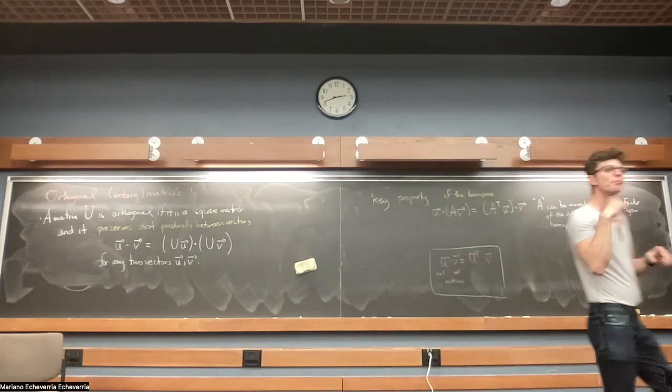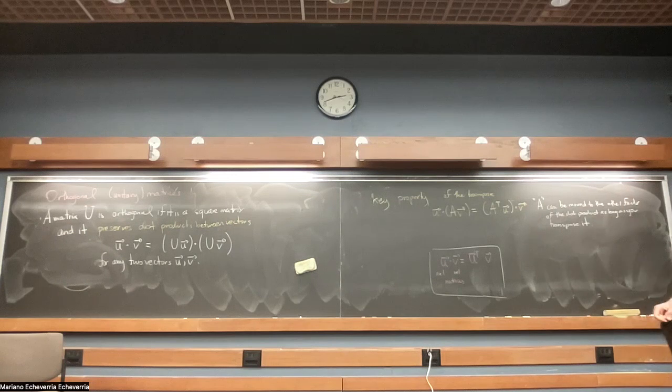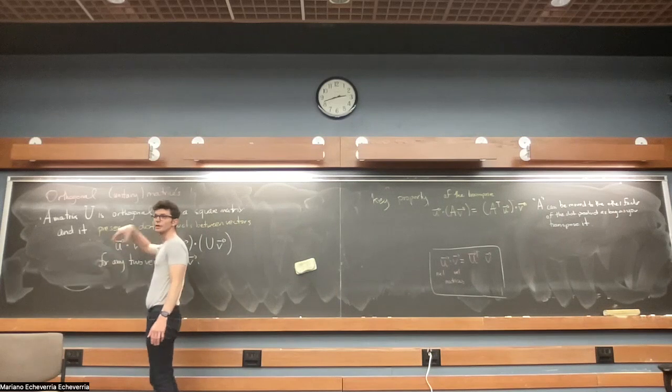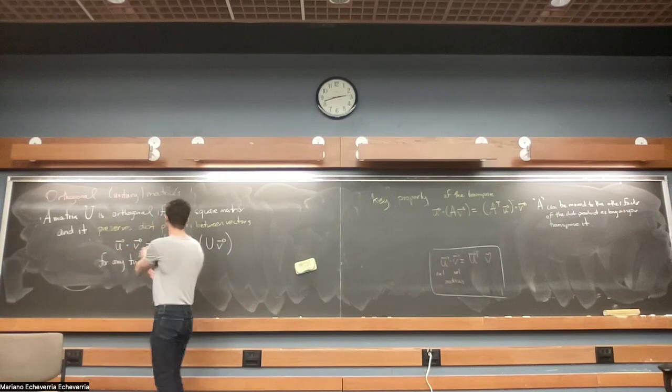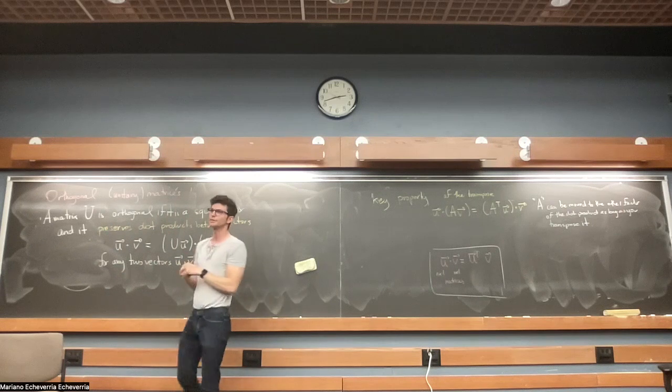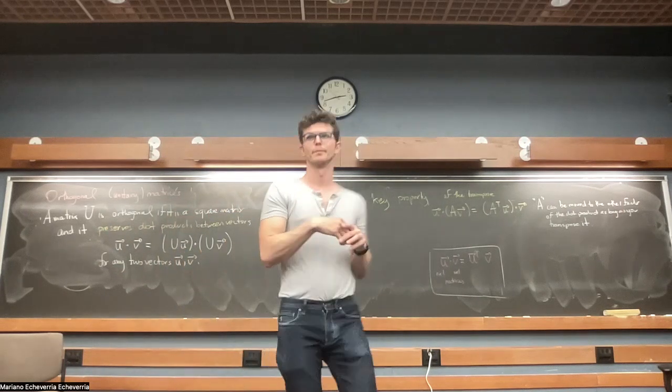What this is saying is that doing the matrix multiplication to each vector doesn't change the answer for the dot product. So you have two vectors, you can take their dot product; if you are an orthogonal matrix, you can multiply each vector by that matrix, you get two new vectors, Uu and Uv, and if you take the dot product, it will be the same answer if the matrix happens to be orthogonal.